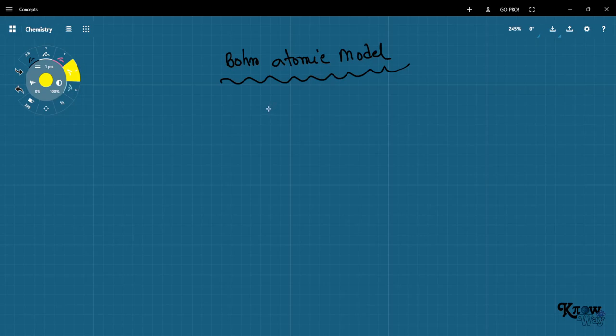But that doesn't happen in the real world. So Rutherford's atomic model is completely false. Not completely false, but partially false.